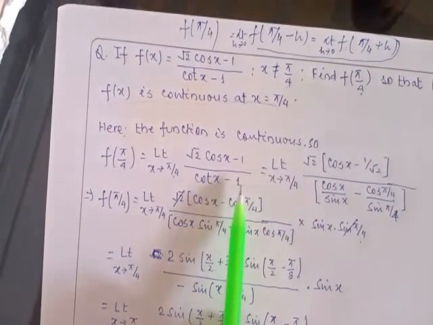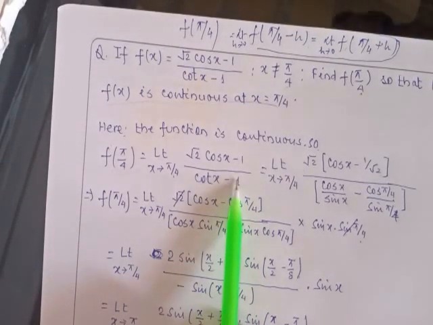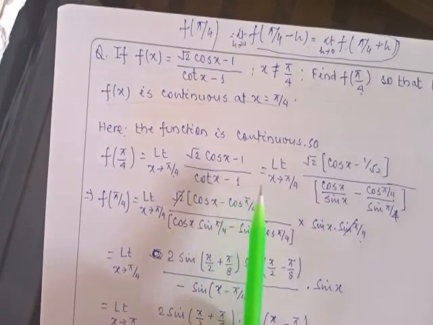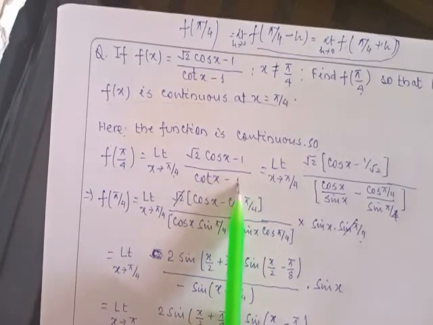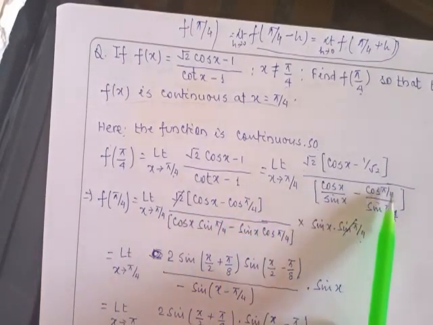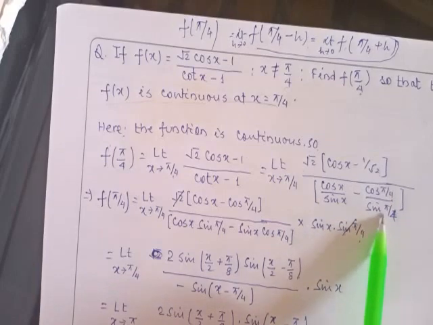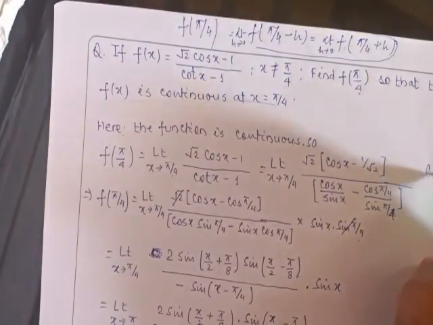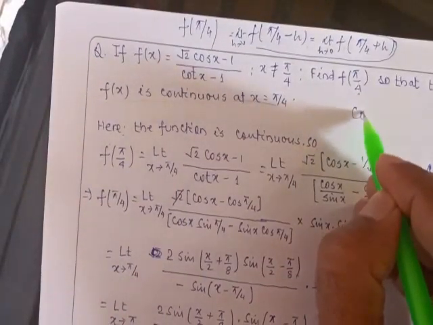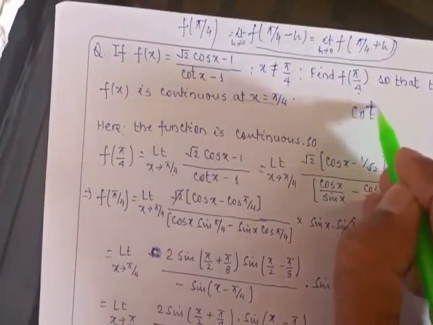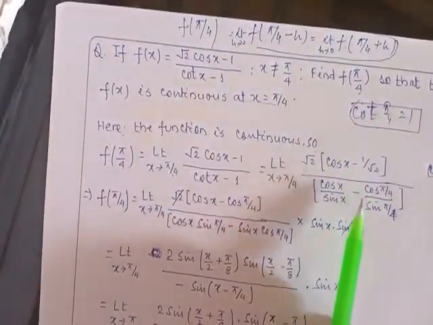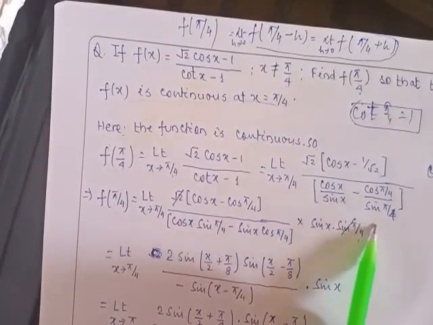So you know cot pi by 4 is 1, and cot pi by 4 should be written as cos pi by 4 upon sin pi by 4. This is rough portion. Cot pi by 4 is equal to 1, which is equal to cos pi by 4 upon sin pi by 4.